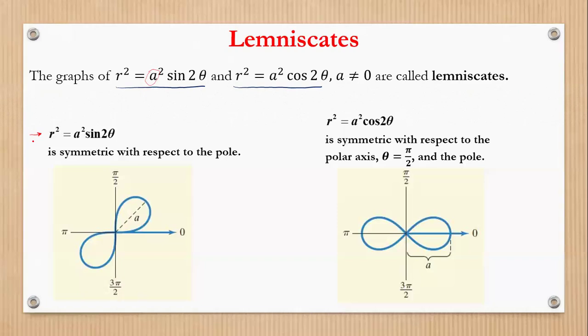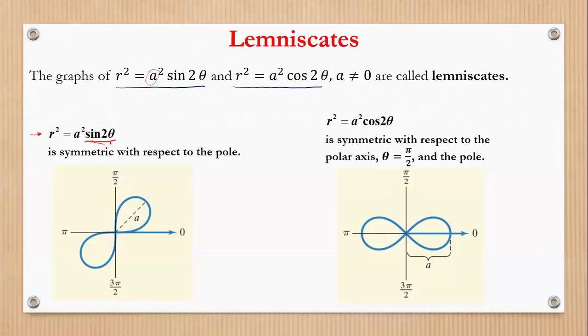So that's why we say it's symmetric about the origin. But if you change theta to negative theta, you will have an extra negative on this part, so it's not symmetric about the x-axis. And the same for the y-axis, because for the y-axis, you also need to change theta to negative theta.